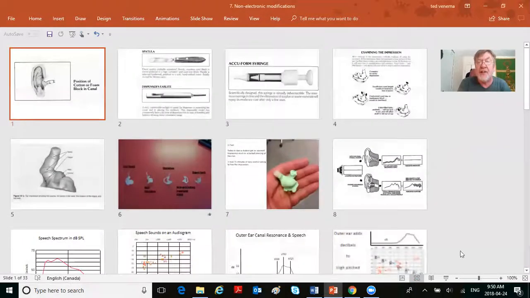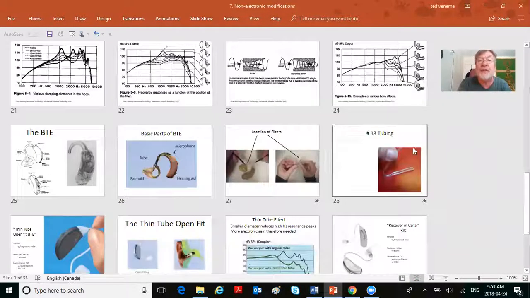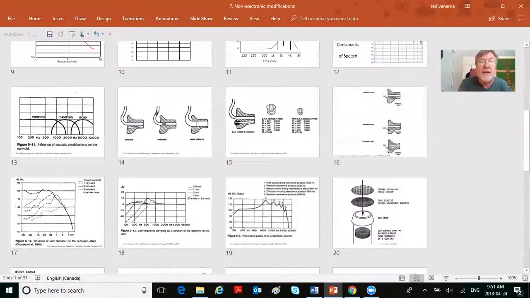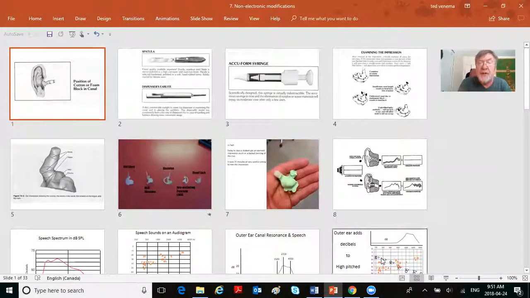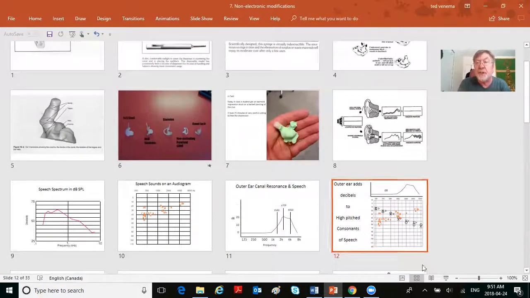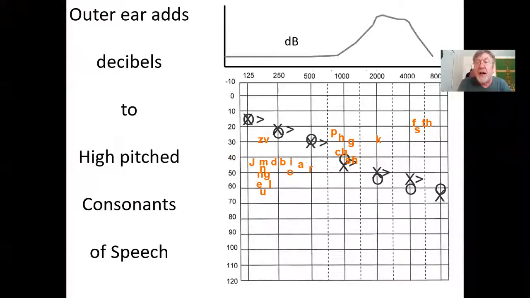I'm teaching it a little differently this year. But if you're looking at venting, if the guy has really good hearing in the low frequencies, you're going to want lots of venting. See those holes? You're going to want lots of holes.